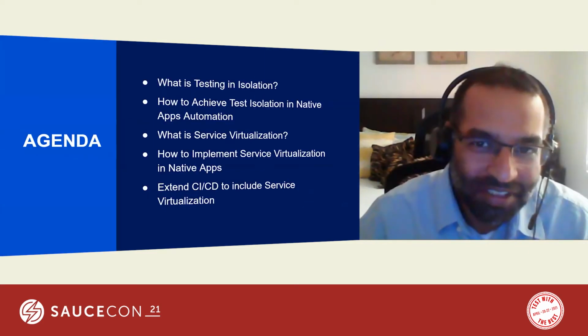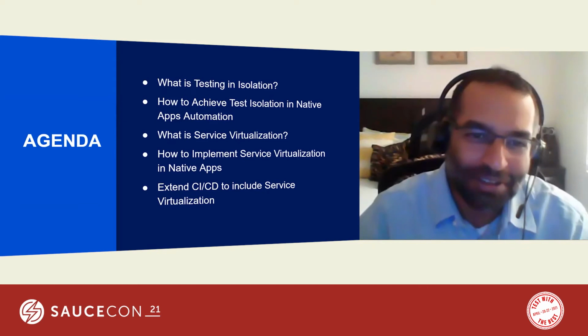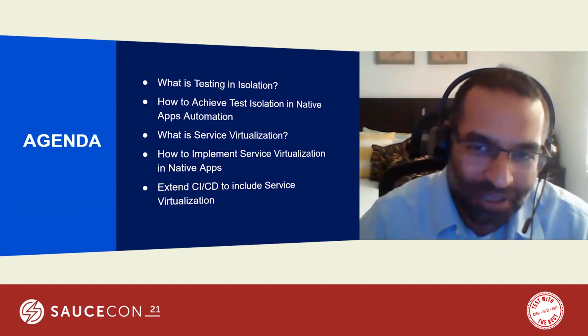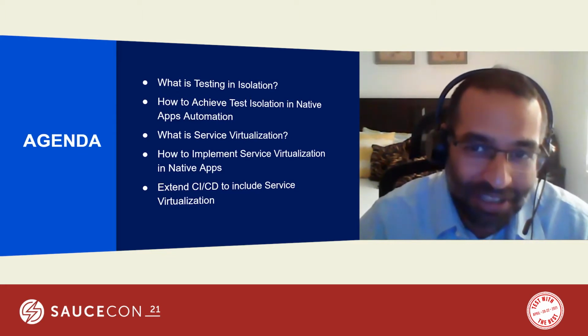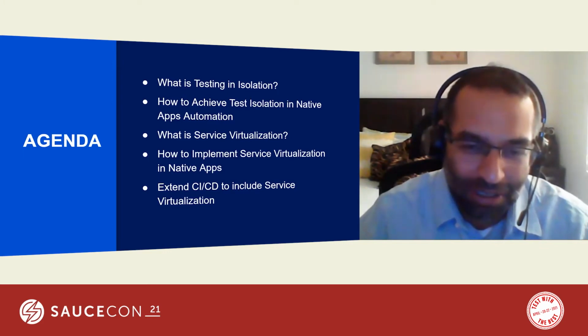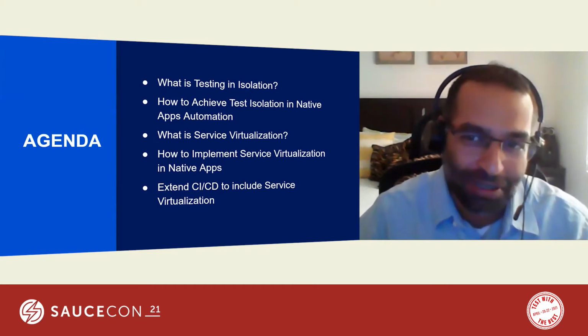Today I'm going to cover the agenda as you see in the slides. First, I'm going to talk about what testing in isolation is. Testing in isolation applies to every domain of test automation, including unit testing, API testing, and UI testing.